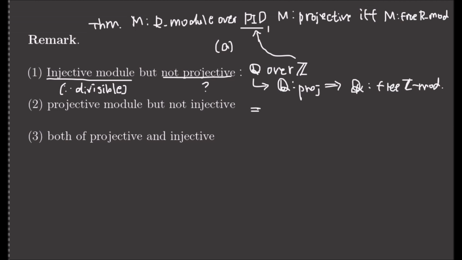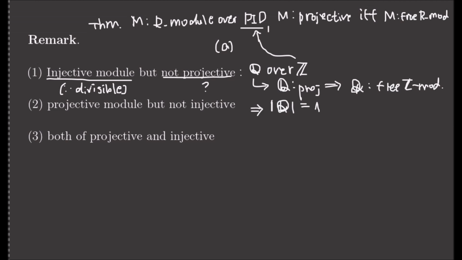Let's consider the definition of the free Z-module. Because this is not expressed as a direct sum, just a single Q, the basis has only one element.